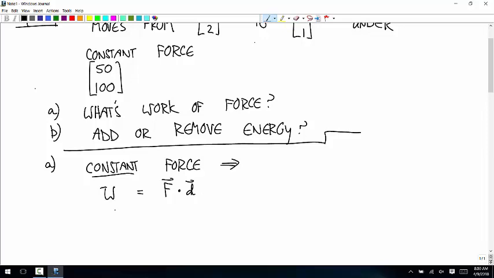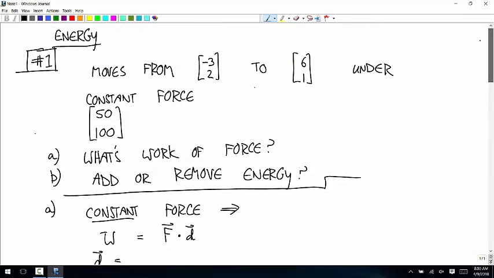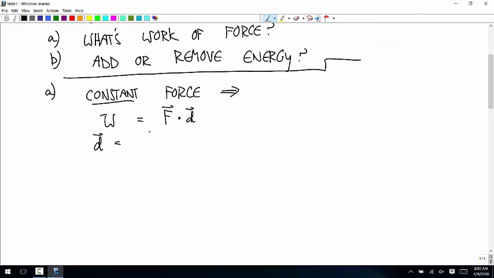The displacement is the later position minus the earlier position. So 6, 1 minus -3, 2. So that's 9, -1.